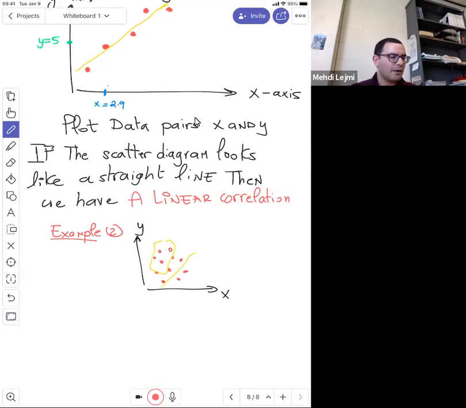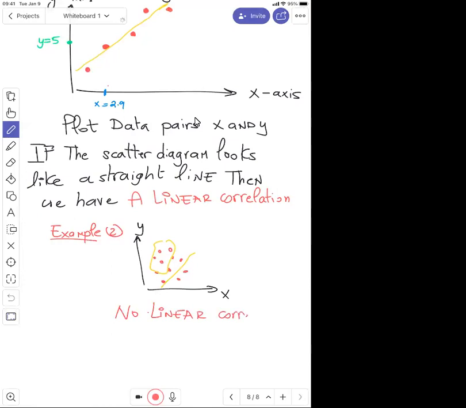So in this case, your data doesn't really resemble a line. So this is not a linear correlation. Here in this example, there is no linear correlation.